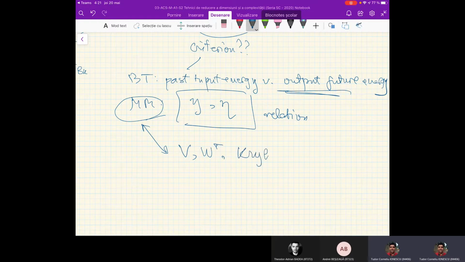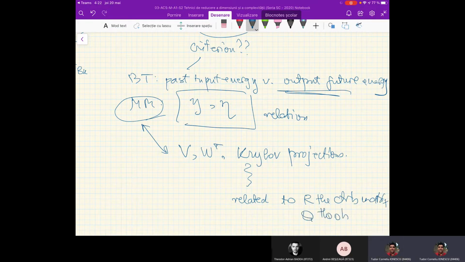Krylov projections, they are called. You saw last time what a Krylov projection is. Krylov projections related to R, the controllability matrix, or related to Q, the observability matrix, as we'll see.